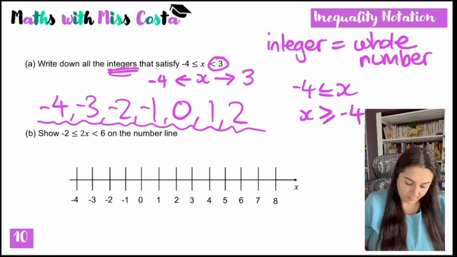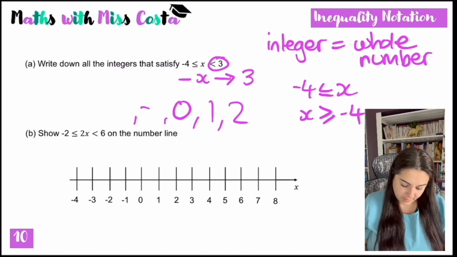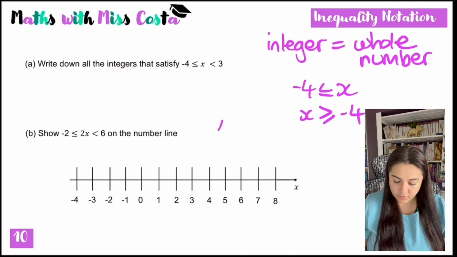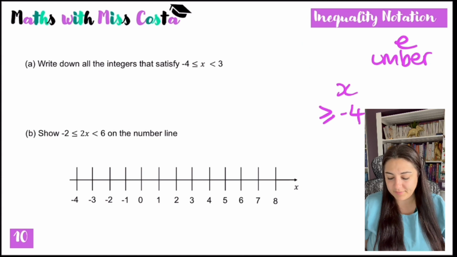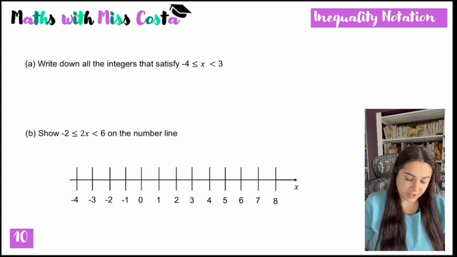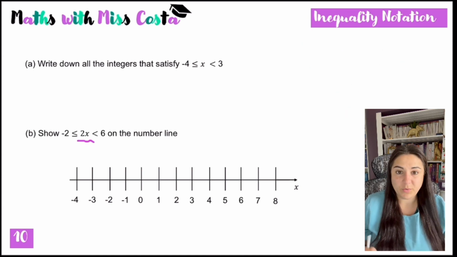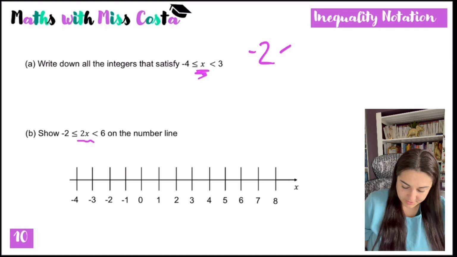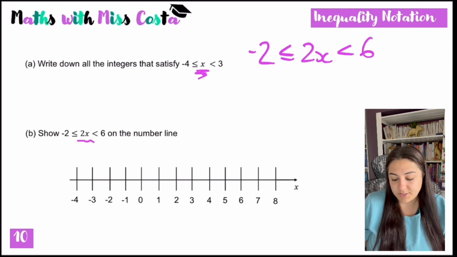Now over here, I'm being asked to show this inequality on a number line, except this is a bit of a sneaky one because you've got 2x in the middle. Now, whenever you don't just have x in the middle like here, you're going to need to solve the inequality. So you've got -2 is less than or equal to 2x, which is less than 6. What does 2x mean?